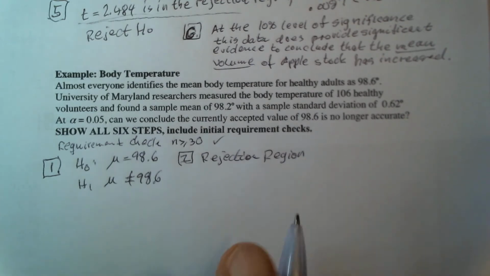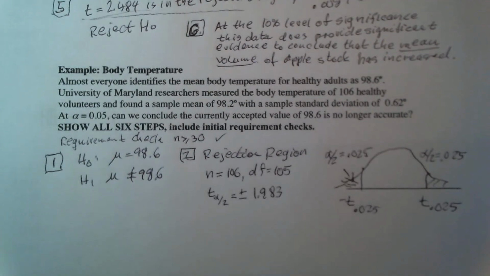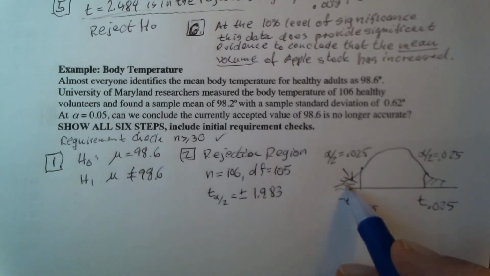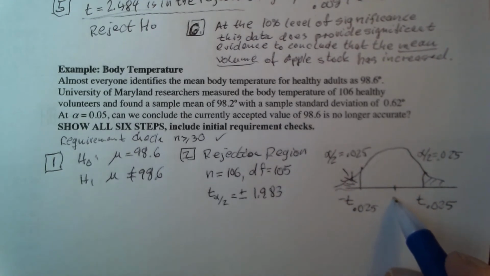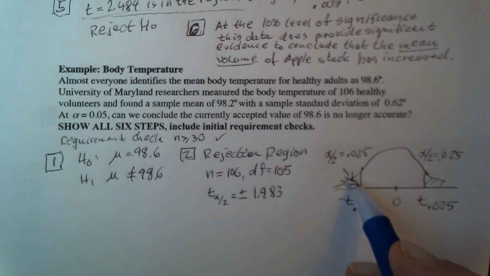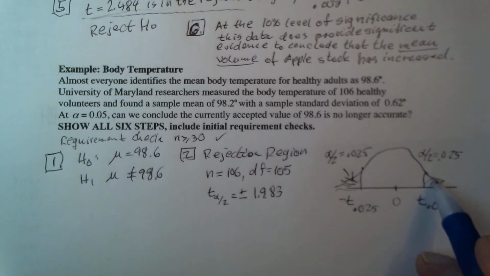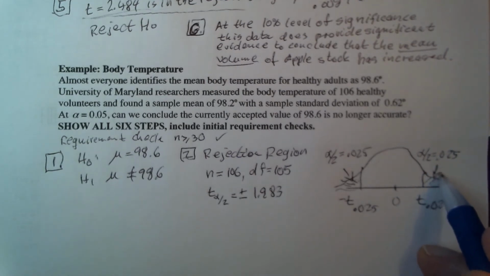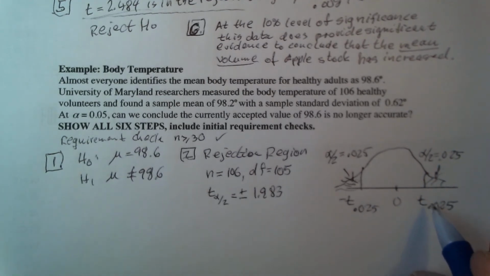Let's graph that. So here's our graph. Here's 0, of course. And here are two rejection regions of alpha divided by 2, which is 0.025. And so here's minus t sub 0.025. And here's alpha divided by 2 on the other side, for the right tail, t sub 0.025.